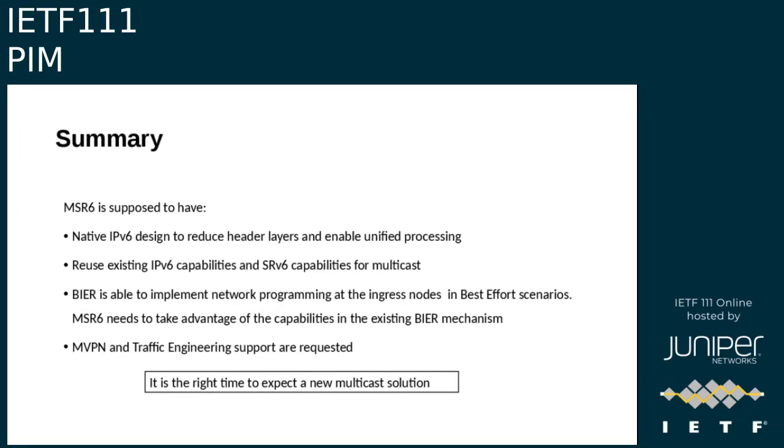The first one is a native IPv6 design to reduce the header layers, and the second one is to reuse the existing IPv6 and SRv6 capability, and the third one is BIER, which maybe is a good multicast mechanism, and the fourth is that OAM and traffic management, traffic engineering should be required.